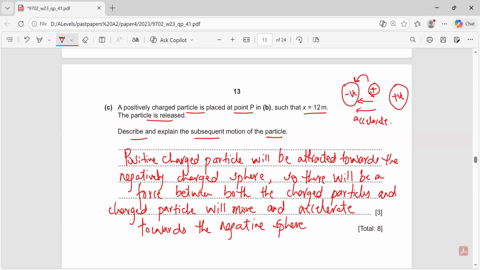This is what you have to write for 3 marks for this specific case.